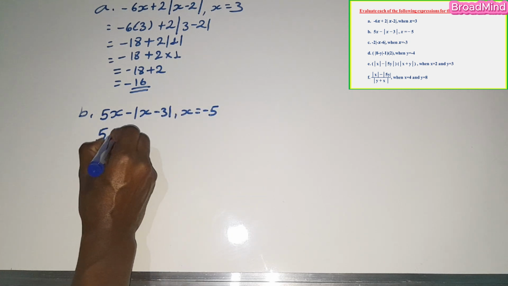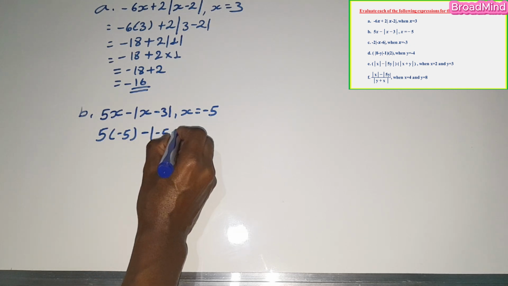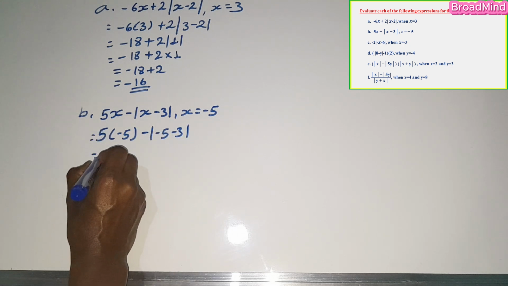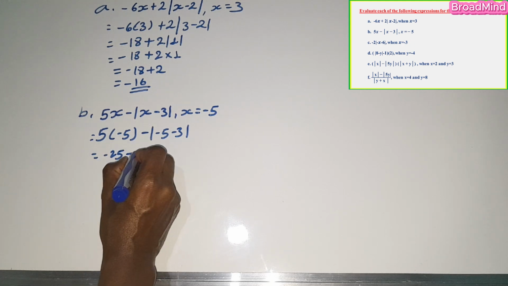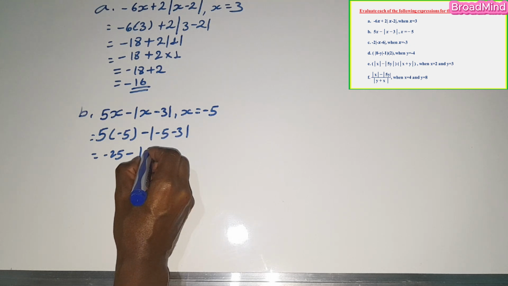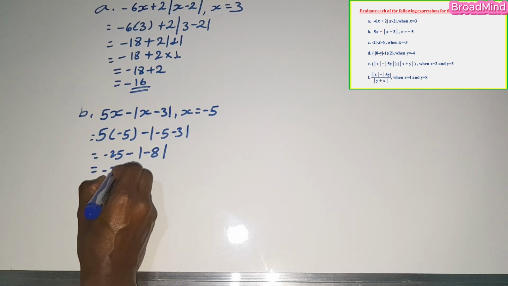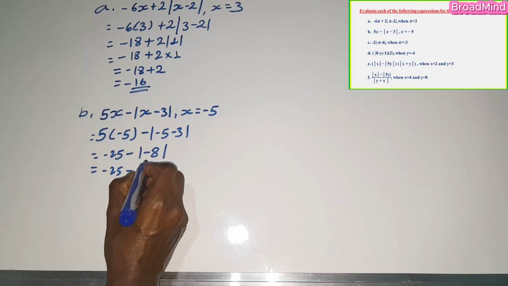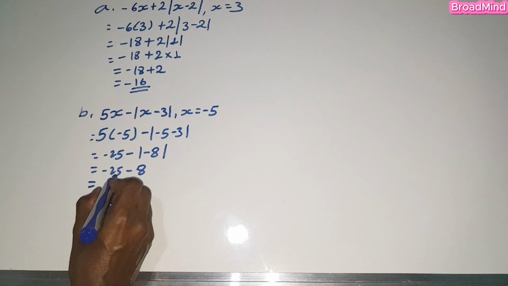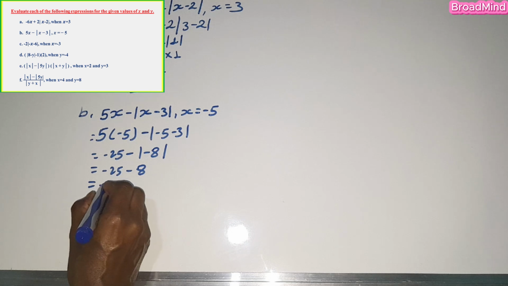Now 5 in the bracket negative 5, minus absolute value of negative 5 minus 3. 5 multiplied by negative 5 is equal to negative 25, minus absolute value of negative 5 minus 3, which is negative 8. Negative 25 minus absolute value of negative 8, which is positive 8. Then negative 25 minus 8 equals negative 33.